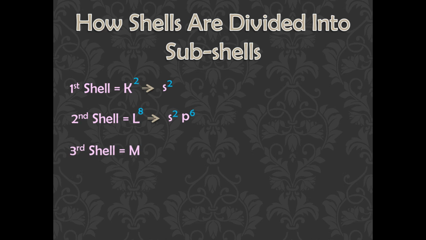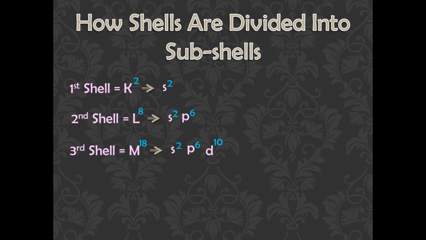The third shell is the M shell, which can hold 18 electrons, and it is divided into 3 subshells. First is the S subshell, where 2 electrons will be filled. The second subshell of M is P, which can hold 6 electrons. The third subshell of M is D, which can hold 10 electrons.